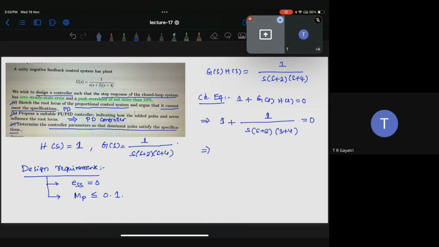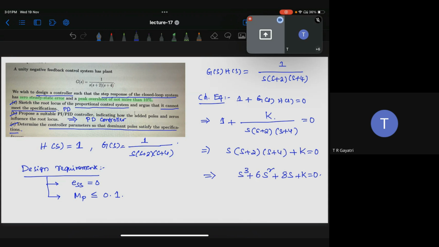This should be K because we are using the proportional controller, so s(s plus 2)(s plus 4) plus K equals 0. If you simplify it, you get s cubed plus 6s squared plus 8s plus K equal to 0.